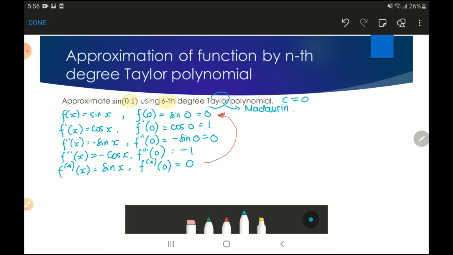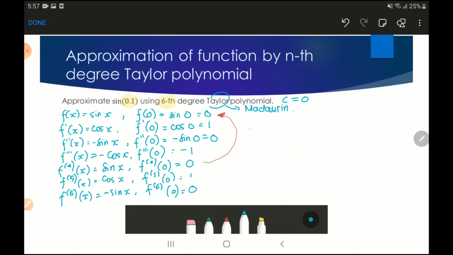So let's just write f5, the fifth derivative will be the same as that. We have f5 is 1, and f6(x) is the same as that, minus sin x, so f6 of 0 is 0.